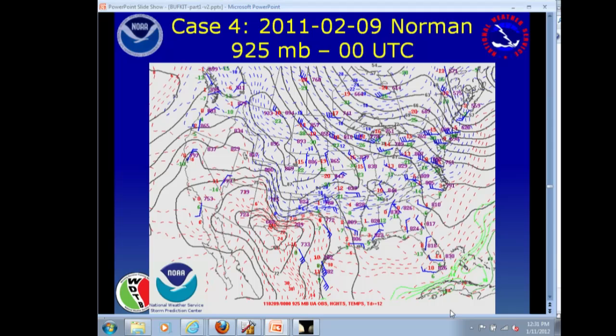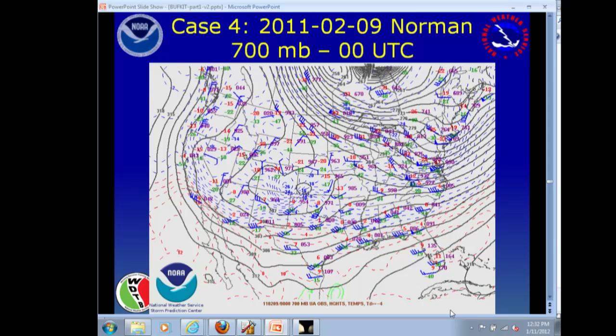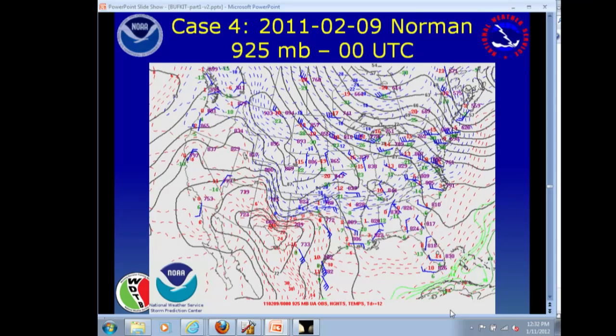So see at 925 millibars, Norman is on the cold side of it, including most of northern Oklahoma. And it's pretty much below freezing all the way up the column around here. So to have Norman not have a question of rain or snow or freezing rain is a rare thing. So you look at this. This is amazing. Look at the temperature here.